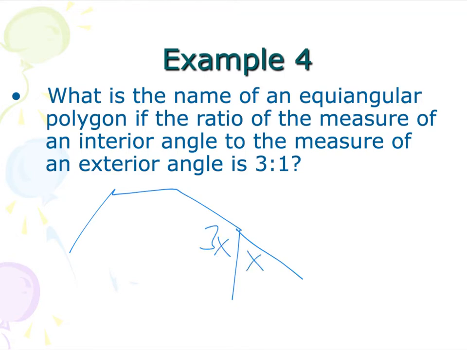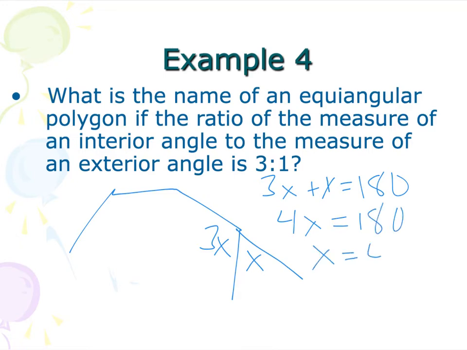So 3x to 1x. That's what I like to do. I like to add those x's in there so I can set up a wonderful equation. Well, what do I know about my interior and my exterior angles? They add up to 180. So I'll be having 4x equals 180. If I divide 180 by 4, I get x equals 45.